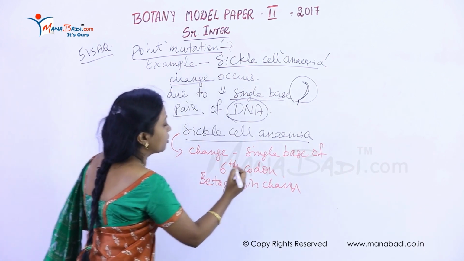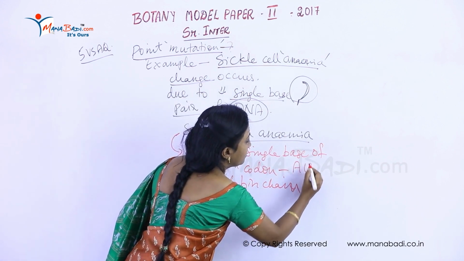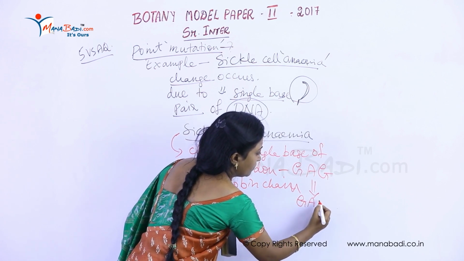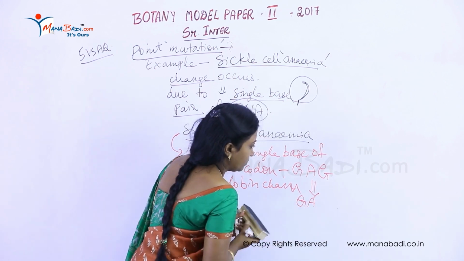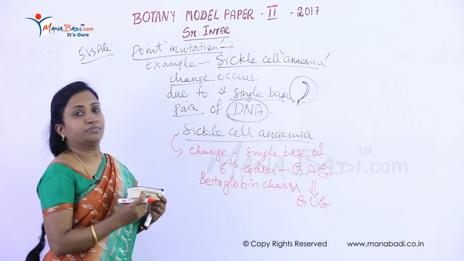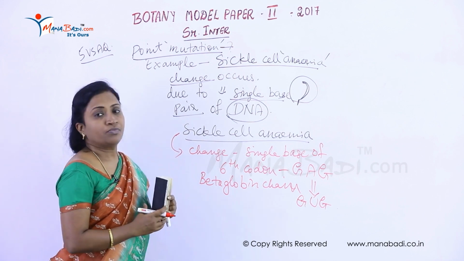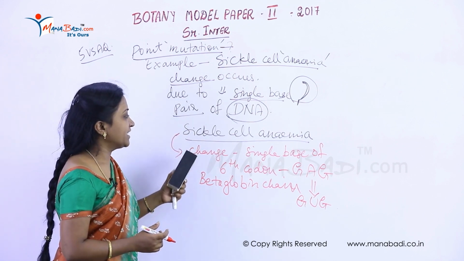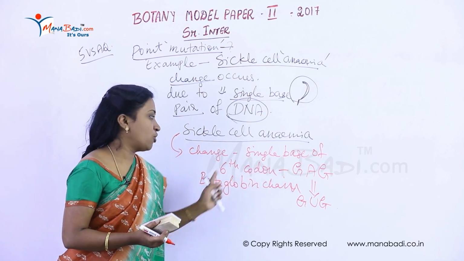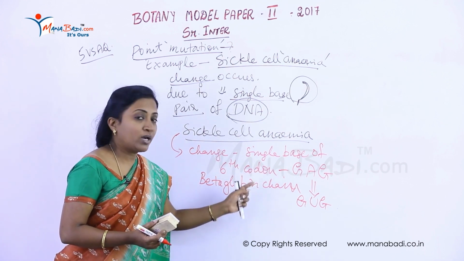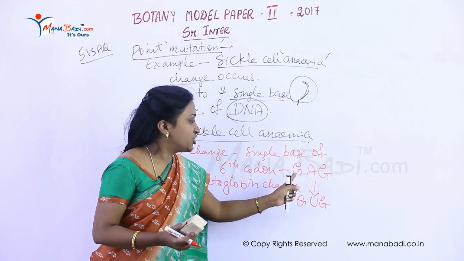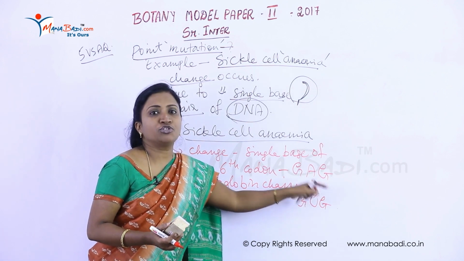In the 6th codon of the beta globin chain, the codon GAG changes to GUG.